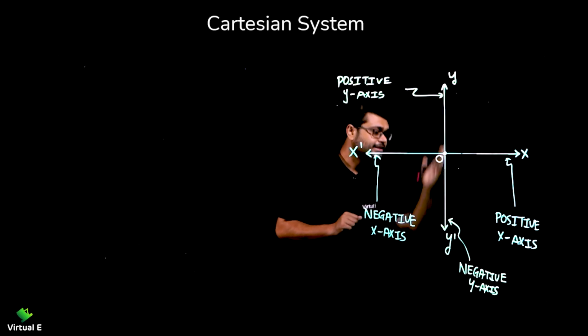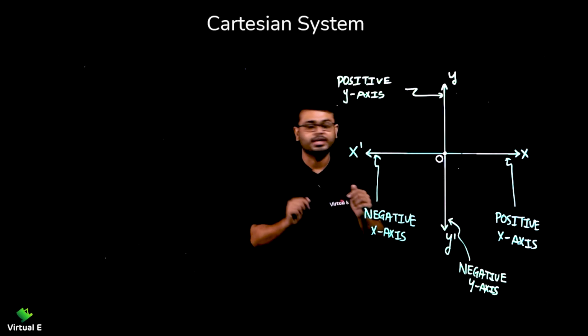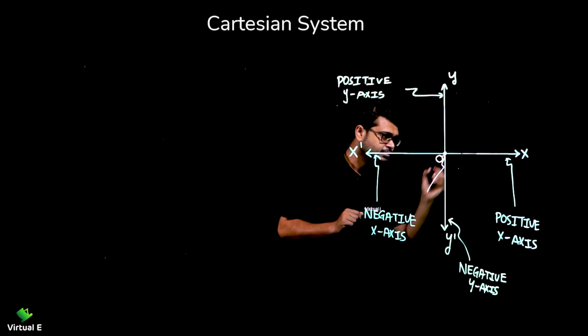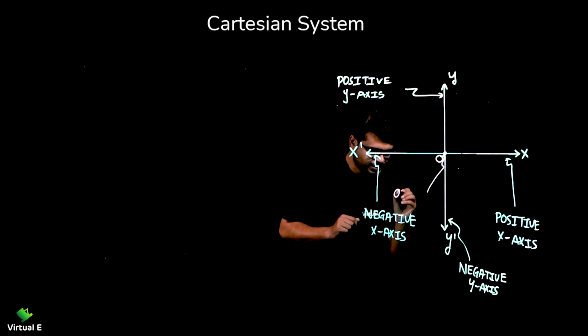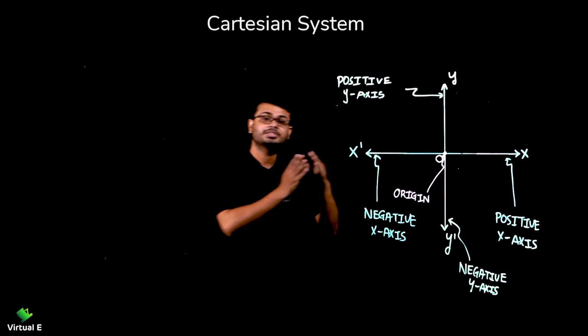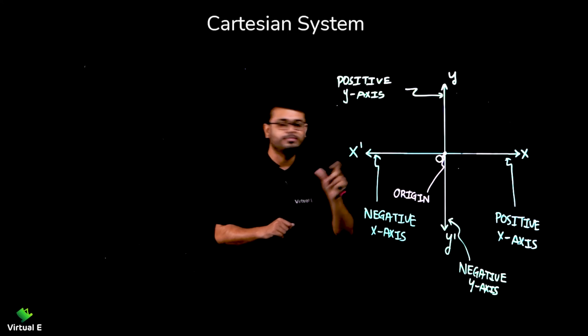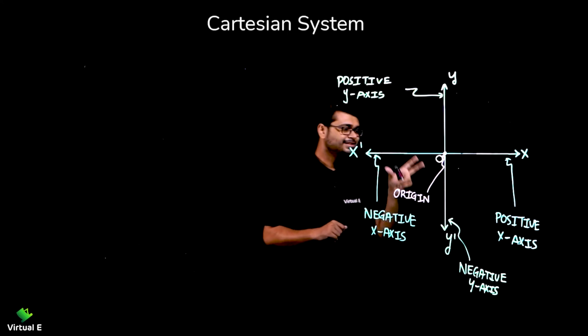Now see, y-axis here, x-axis here, and they are intersecting at one point. That point is called the origin. Origin means from where everything starts. You can just go for the literal meaning of origin over here. That is the starting point.